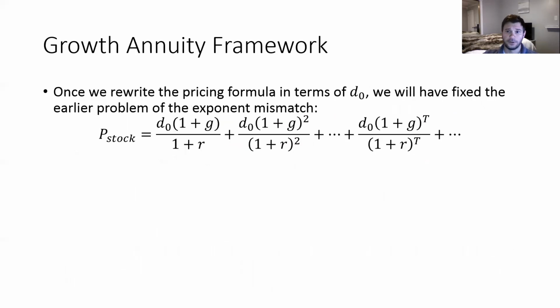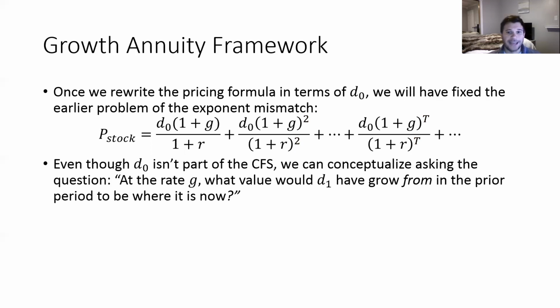Okay, so here is now the substitution. And as I've suggested, if you look carefully at the exponents on 1 plus g and 1 plus r, they now match up. Okay, so from here, we can look and see that the structure of the pricing formula now looks more like a uniform annuity, right?